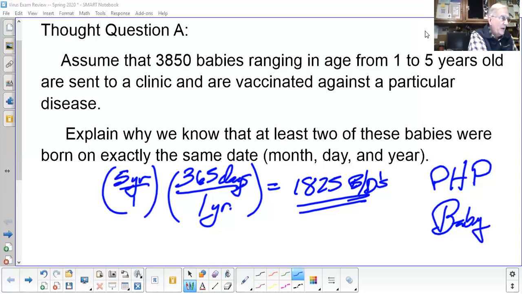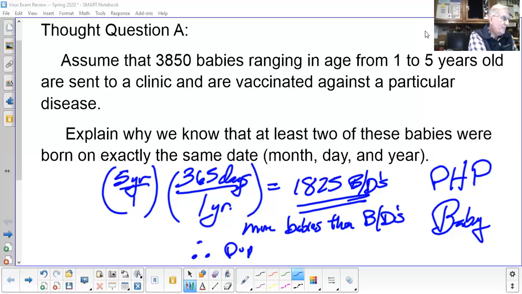There are more babies than birth dates. Therefore, duplication of birth dates has to occur.